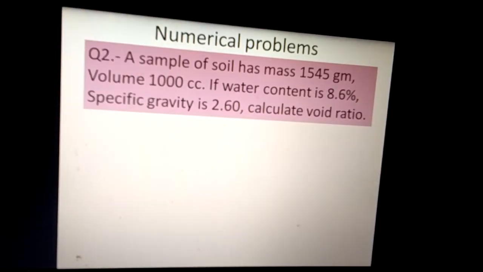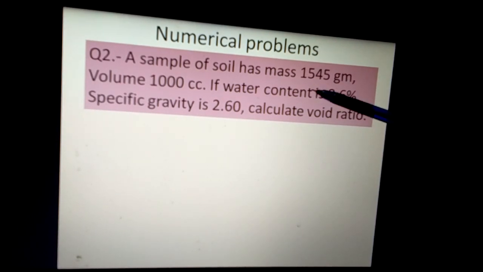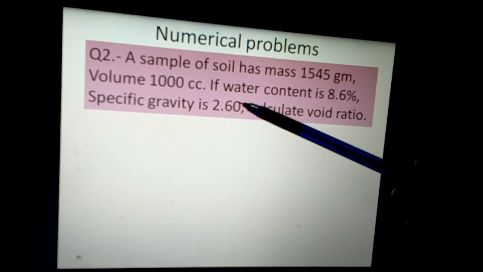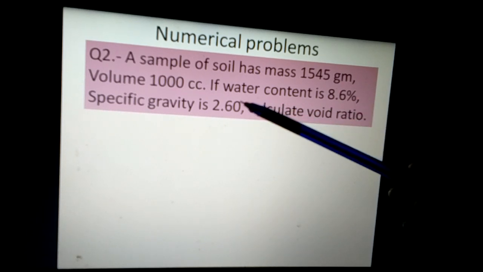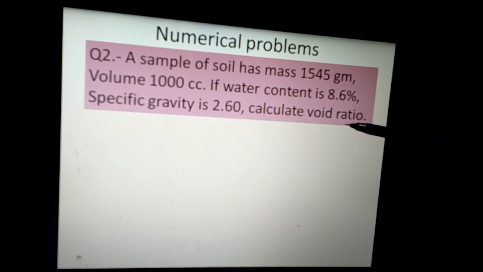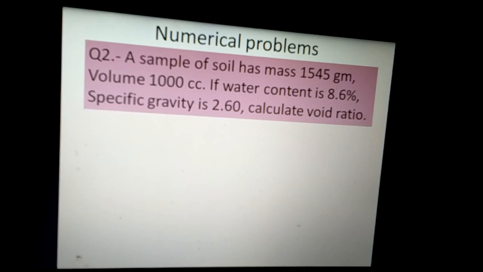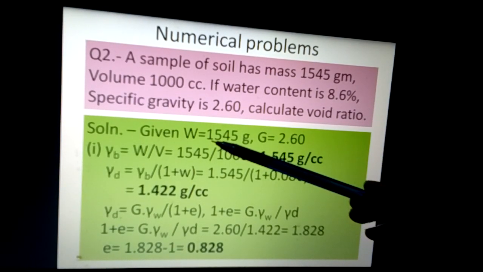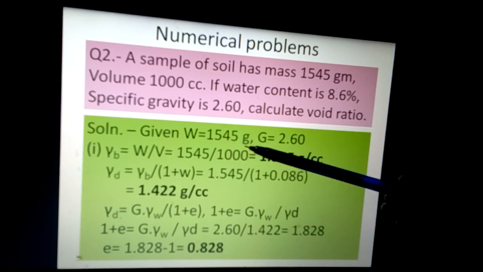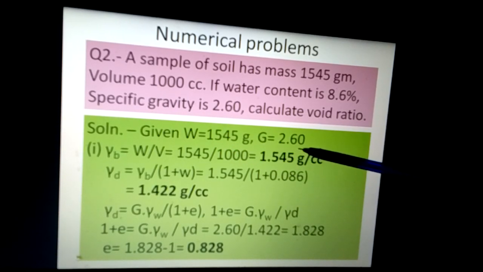The second numerical is: a sample of soil has mass 1545 gram, volume 1000 cc, water content 8.6%, and specific gravity 2.6. Calculate the void ratio. To begin the solution, we have the total weight W equal to 1545 gram and G 2.6.